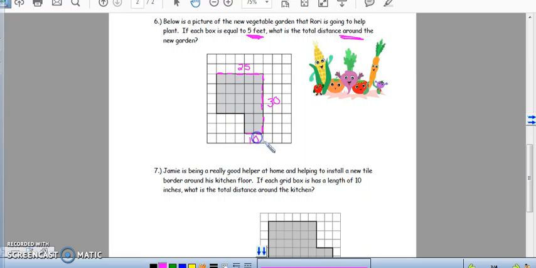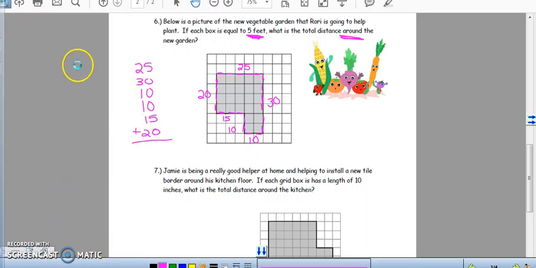5, 10. I'm going all the way around each line. 5, 10, 15. 5, 10, 15, 20. So now what do I do with all of these? I'm going to add them up. So I have 25, 30, 10, 10, 15, and 20.